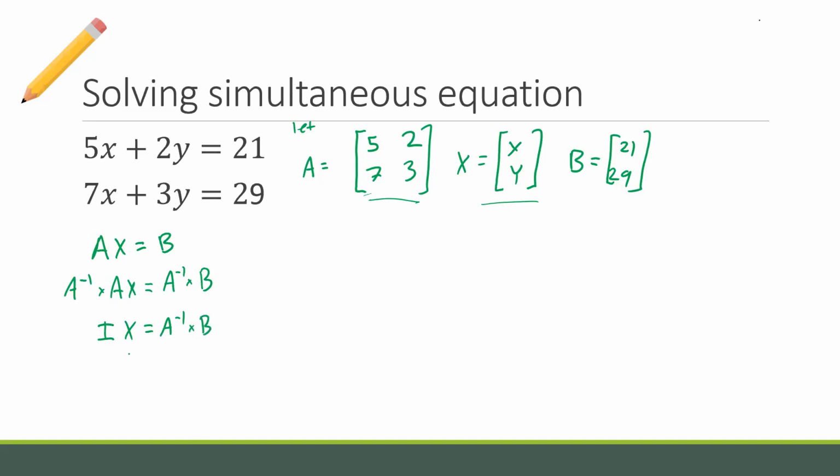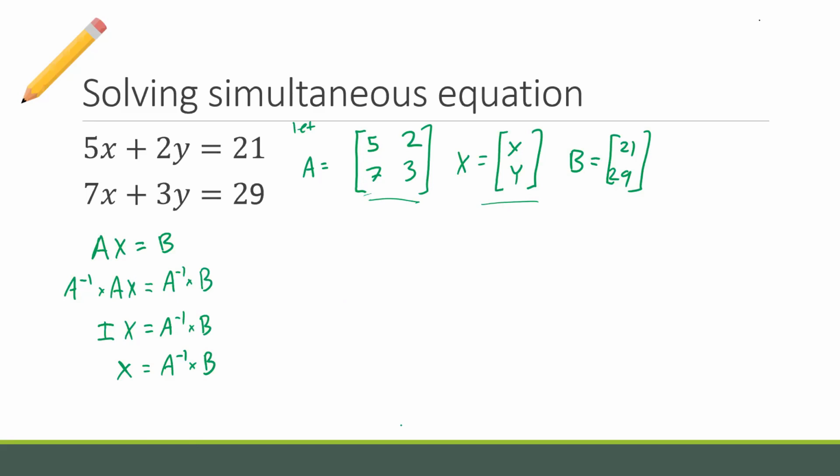And when you multiply anything by the identity, it stays as the value. So when I multiply identity by x, it just stays as x. Whilst I say you have to learn this, ultimately, if you just remember these 4 steps, that will get you across the line.